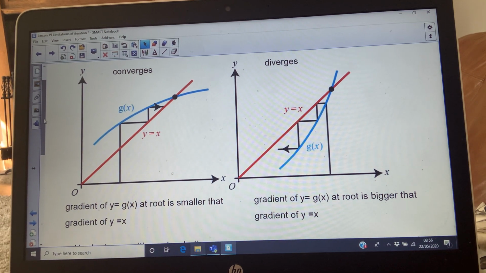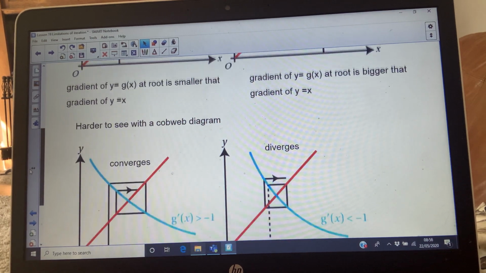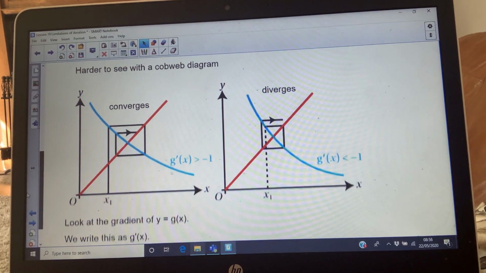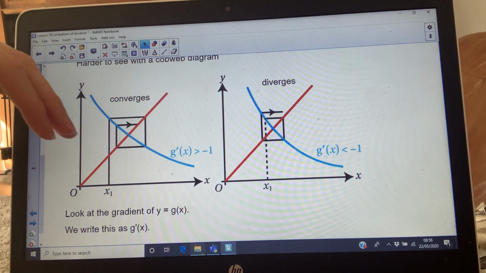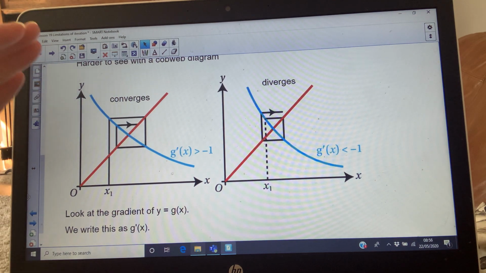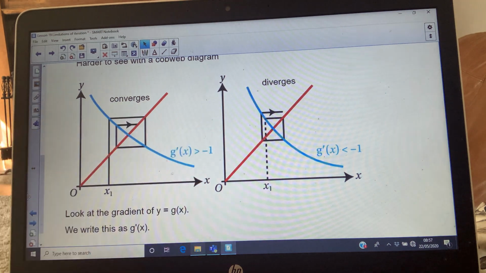That would be our way of looking at it. And of course, gradient is us differentiating it. And if you think about some of the functions we've been dealing with, we don't yet know how to differentiate those, but we will. It is hard to see in a cobweb diagram. Here's one that's converging. And this is because it's got a negative gradient, and it's hard to compare a negative gradient with a positive gradient. Now here, again, you can see that this gradient is less steep than this gradient.